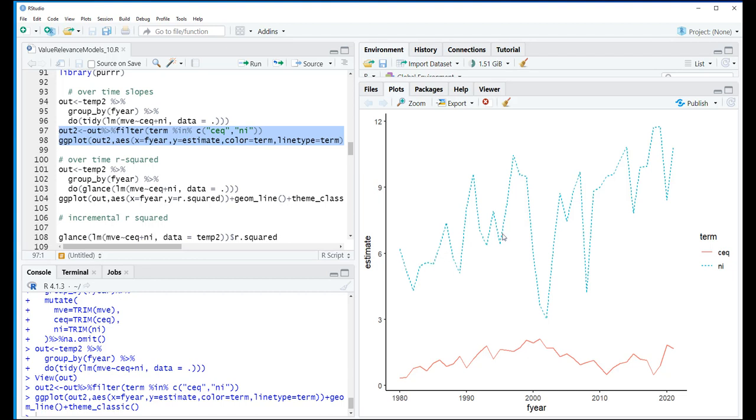Notice what happens, generally you see this upward trend for earnings. So the higher your earnings, the more valuable your stock price is, and that has sort of increased over time in a general sense. That could be for many reasons. Investors think that higher earnings companies are going to earn more for a longer period, or they're just more willing to pay for stocks that have high earnings. So there are multiple reasons why we might expect that.